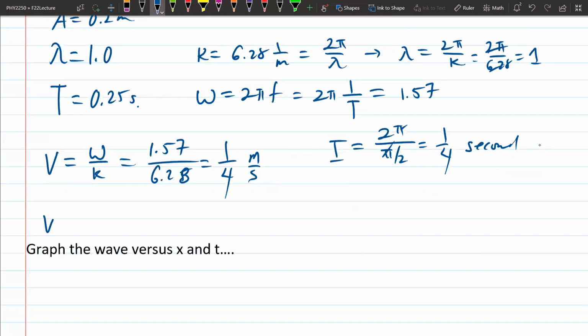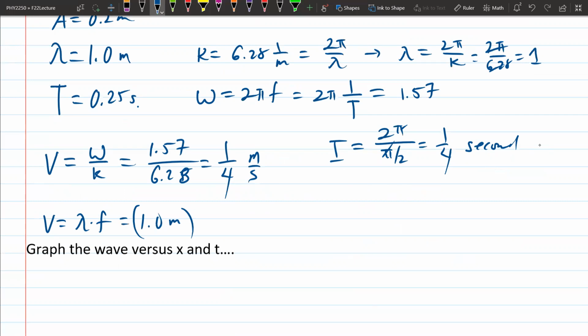I'm gonna do the wavelength times frequency version, because that to me is easier to remember versus omega over k. But hopefully we come up with the same answer. The wavelength is 1.0 meters. The frequency, did I do this right?